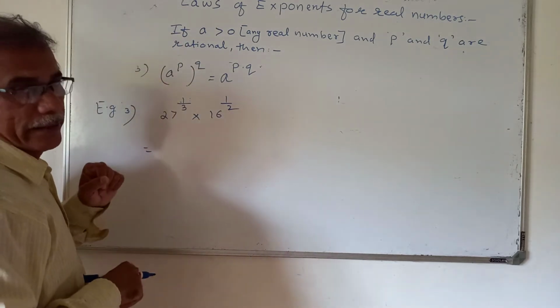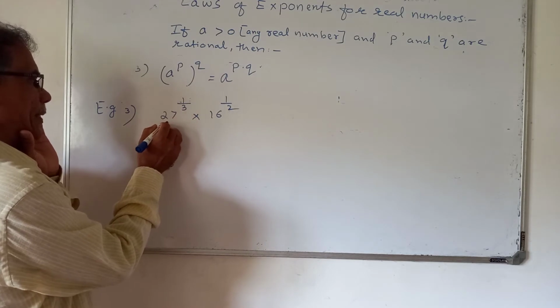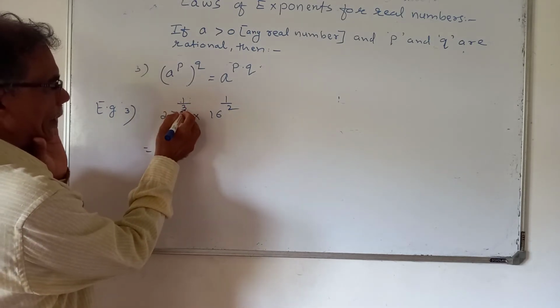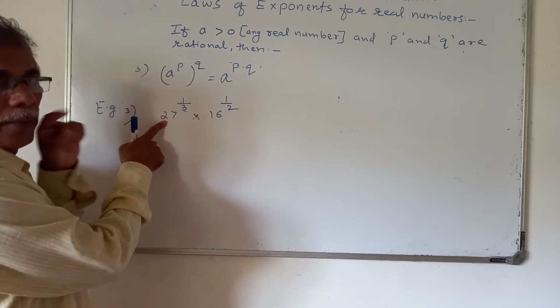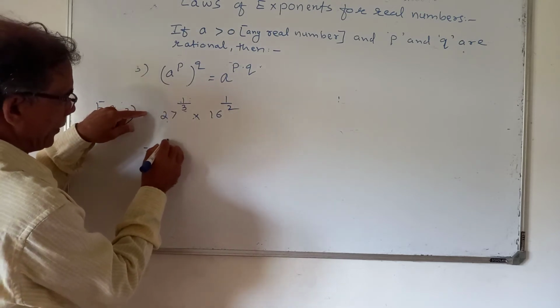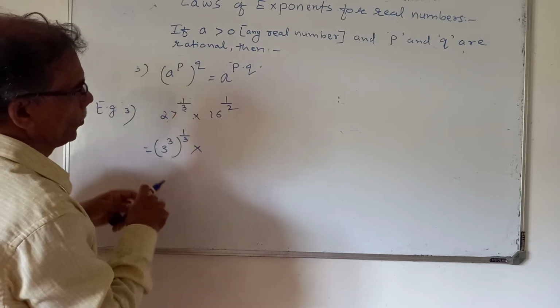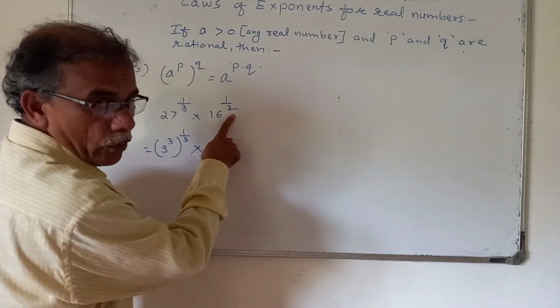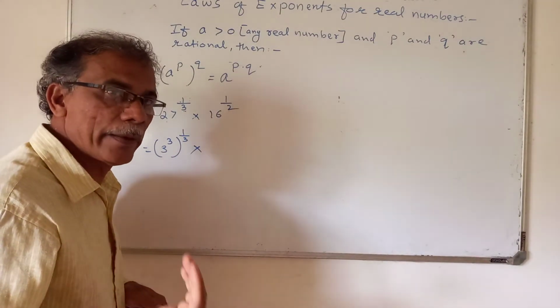In that form we can simplify, isn't it? Now what you can do, here it is base 27 and upon 3. So if it is upon 3, it is cube of which number? 27 is cube of 3. So you write down here 3 cube raised to 1 by 3 into base 16 upon 2. So 16 is square of which number? 16 is square of 4.